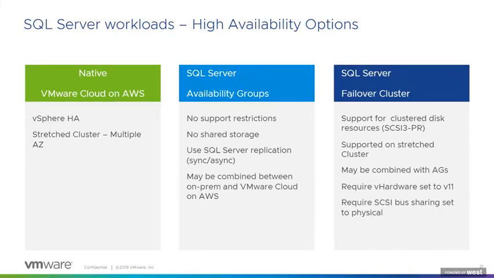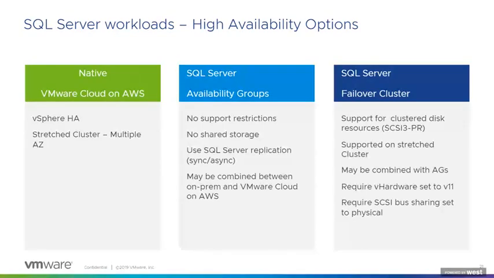It's just normal VMDK, as all the replication of traffic and data will be handled by SQL Server. It can also be combined between on-premises and VMware Cloud on AWS, where you might have your primary cluster located on premises with an additional node located in VMware Cloud on AWS, leveraging asynchronous Always On availability groups configuration.